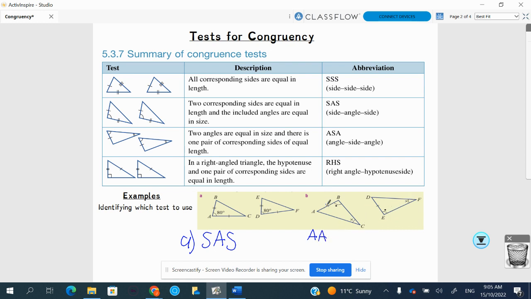And finally, we have one dash here and one dash here. And that means that DE is equal to AB. And so we have side. So angle, angle, side, or angle, side, angle means the same thing, is what we can use to prove congruency here.